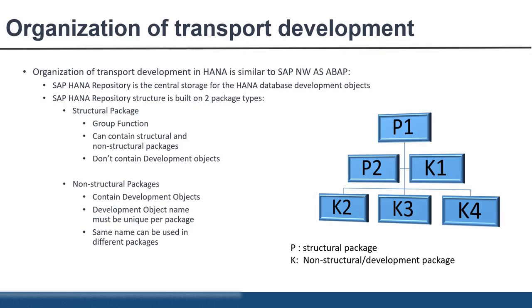It can be a combination of structural and non-structural packages. And the second type of packages are non-structural packages. Non-structural packages contain development objects. So each package can have unique development objects, but the same name can be used in different packages.